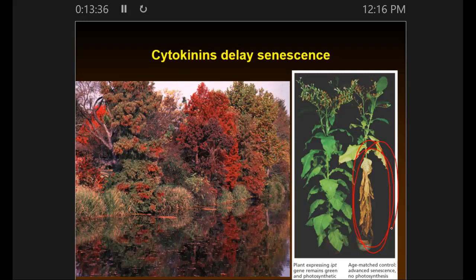We do this experiment in Plant Viz where we cut leaf discs and soak them in different solutions, different concentrations of cytokinins. We can see that with the right dose, you can get those leaves to stay green and healthy, even though they're floating around in the dark in this liquid solution.